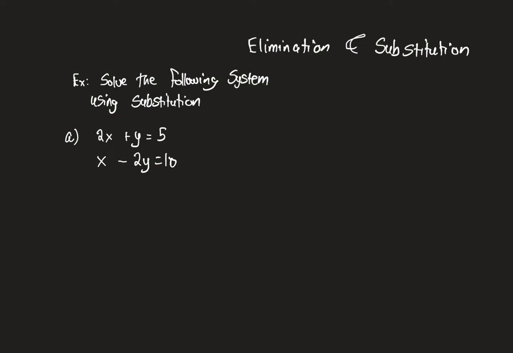Let's start with substitution. Whenever you want to solve this system here, your first step is always going to be the same. Your first step should be to isolate one of my variables.